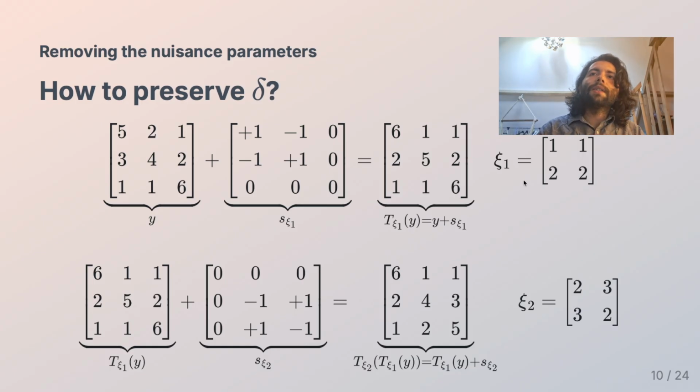So here, for instance, this guy is saying that I'm taking the first and the second lines, and also the first and the second columns. And here, in this other example, I take the second and the third lines, and I take the third and the second columns.